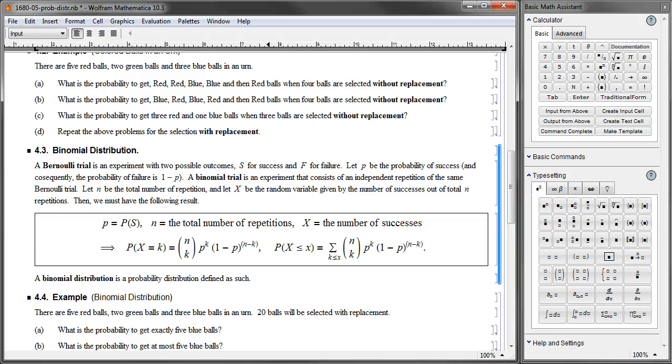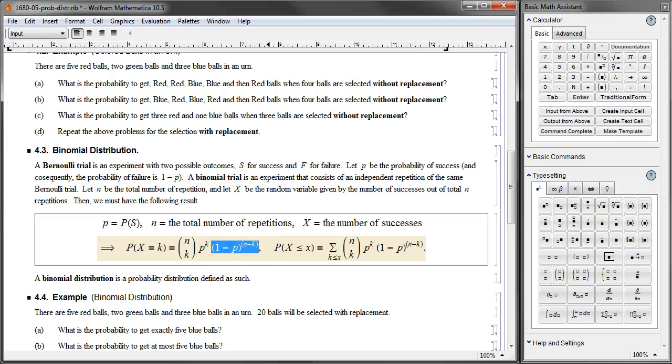Here it is. We begin with something called Bernoulli trial. Bernoulli trial is an experiment with 2 possible outcomes only. S for success, F for failure. Nothing else. For example, if you toss a coin and head is success, tail is failure, then the probability of success is 1/2, and the probability of failure is 1 minus 1/2, so that's also 1/2.